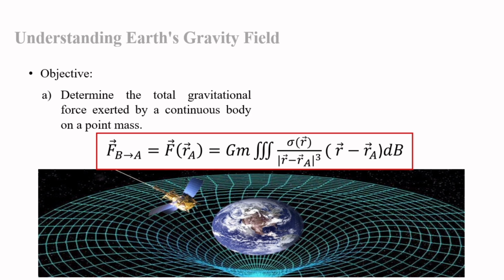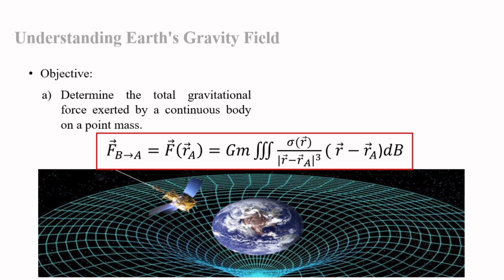Also, in three-dimensional space, the volume element dv is given by dx, dy, dz. So, because of this reason, we use a triple integral to sum up contributions over the entire volume. Thus, the total gravitational force is the integral of the differential forces over the entire volume of the body.